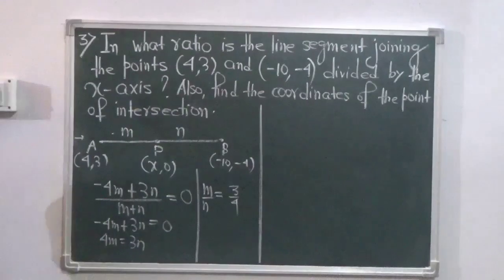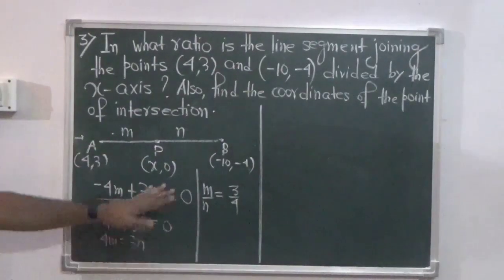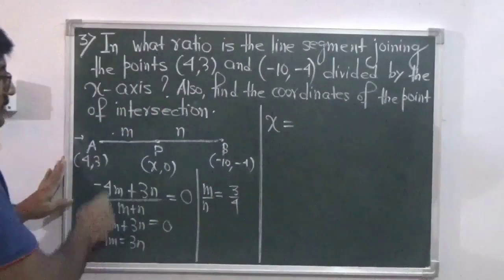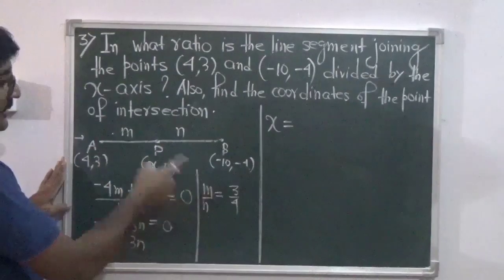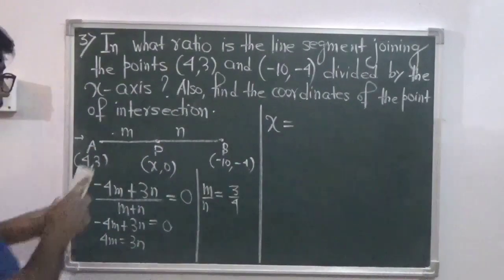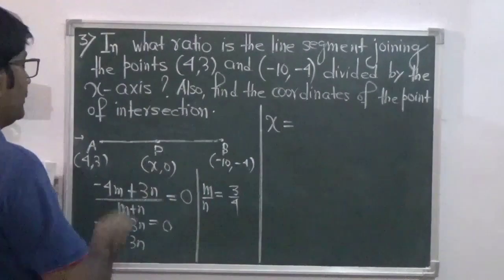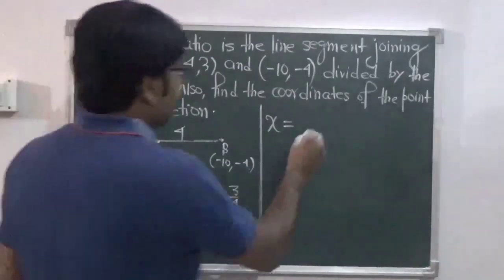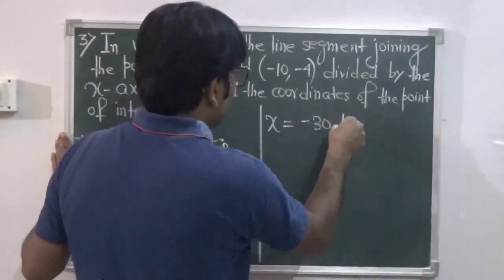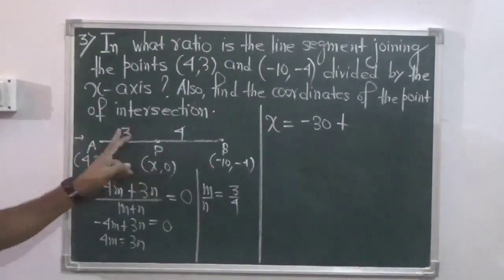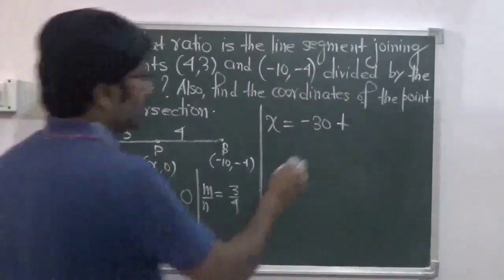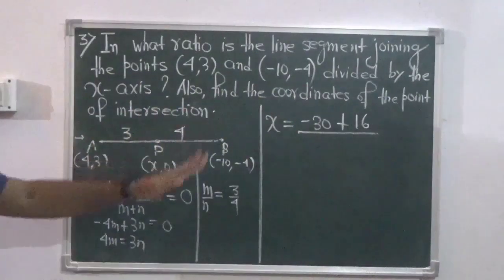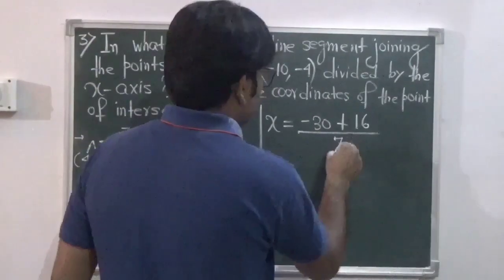Now since we know the values of m and n, it is very simple for us to find. So x equals mx2, that is m into minus 10, let us just write the values here, 3 is to 4. So this is 3 and this is 4, so you can write minus 10 into 3, that is minus 30, plus 4 into 4, 16, divided by m plus n, that is 3 plus 4, 7.